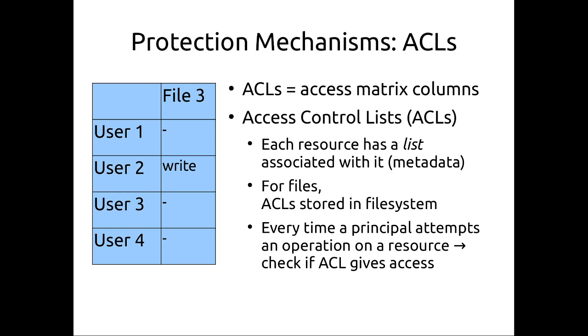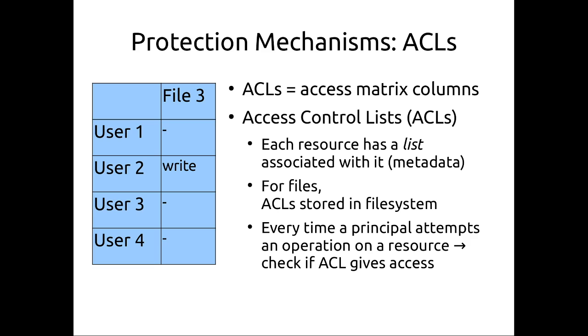So now, whenever a principal attempts to perform some operation on a resource, the reference monitor will look up in that resource's access control list to see if that user is allowed to perform that operation. Okay, so this is ACLs, essentially a column within the access control matrix.